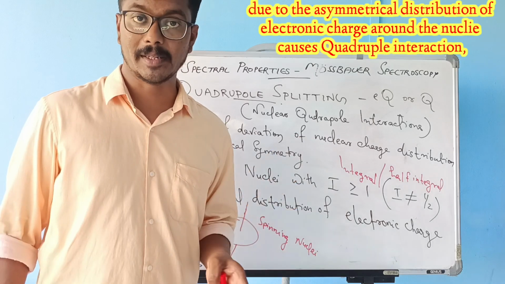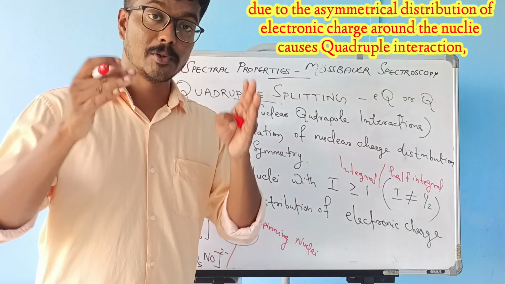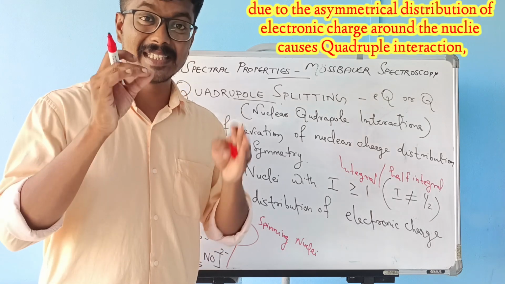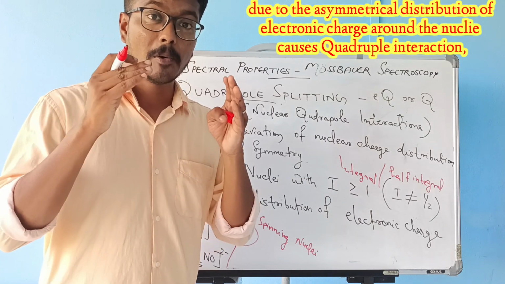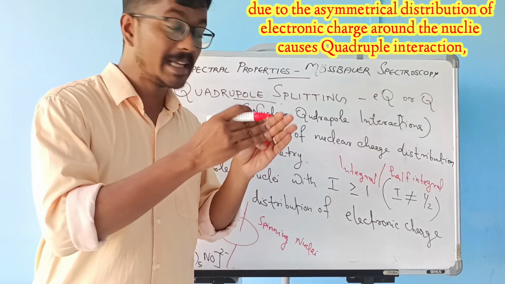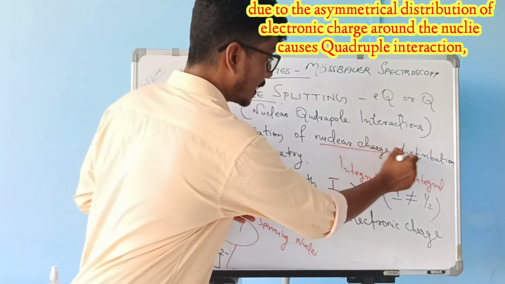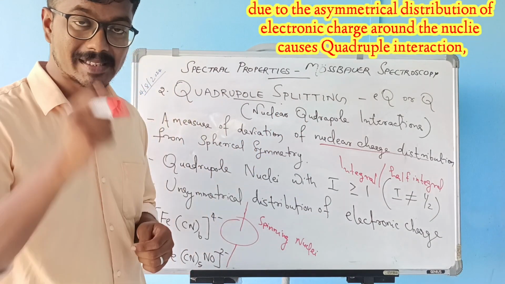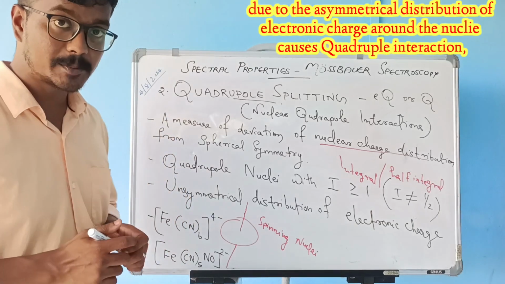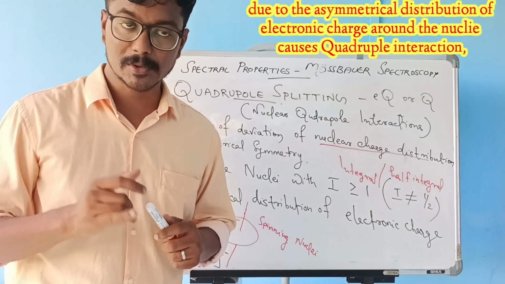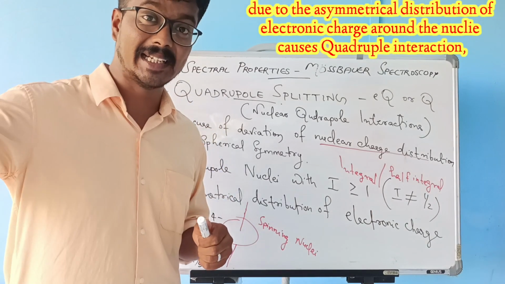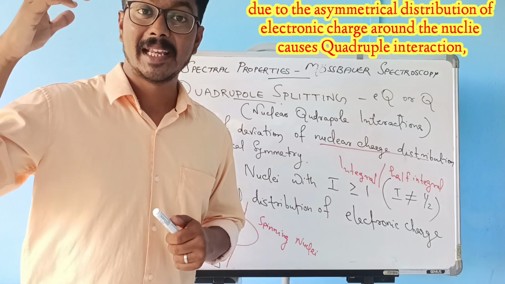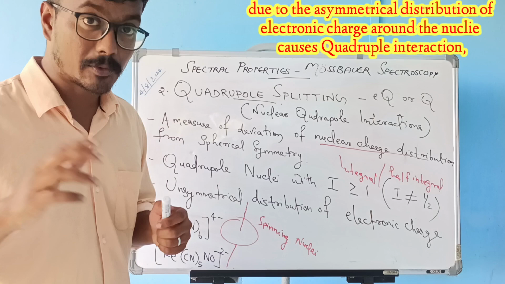So the quadrupole moment is a parameter of a nucleus which is a measure of the deviation of the nuclear charge distribution from spherical symmetry. What is the reason? This is either because of the presence of an external electric field or an unsymmetrical electronic distribution around the nucleus.